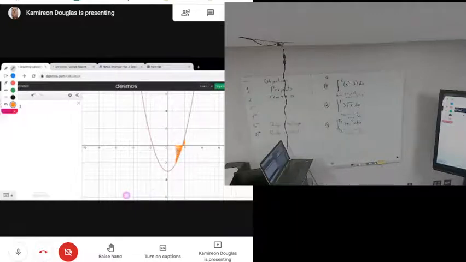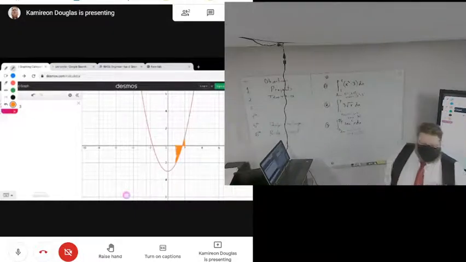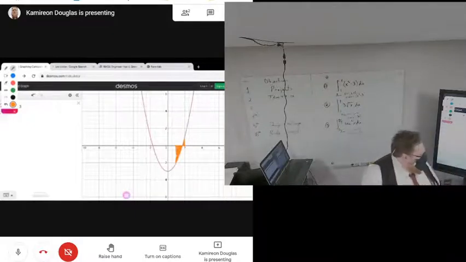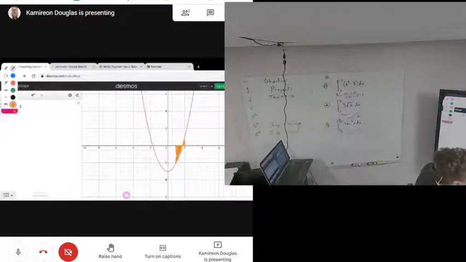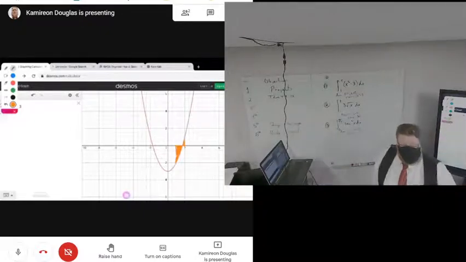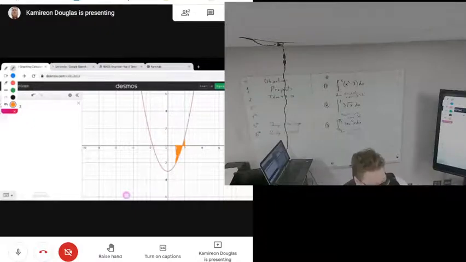Ricky, we're doing visual analysis, so not trying to find the exact solution, but just recognizing the picture and making an assumption about what the final solution is going to be. Negative, it's going to be negative. Why is that? Because a majority of the area is under the x-axis. Beautiful. The majority of the area is under the x-axis, so we would assume this answer is going to be negative. It's a good spot check you can do to make sure your answer is correct.